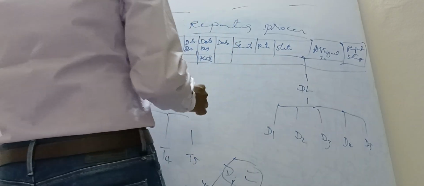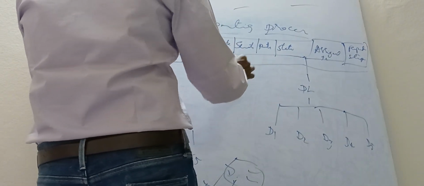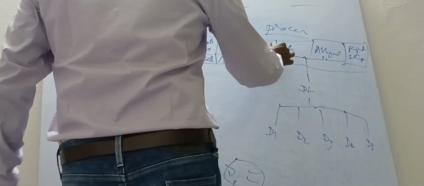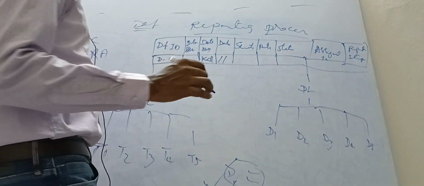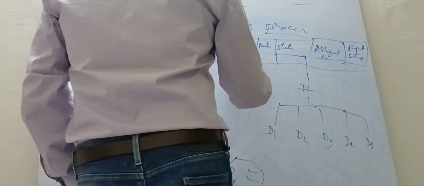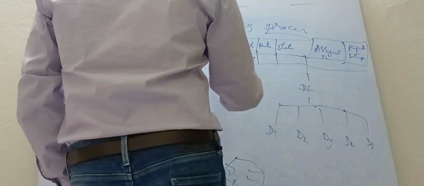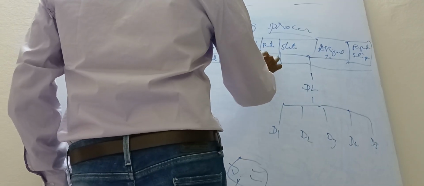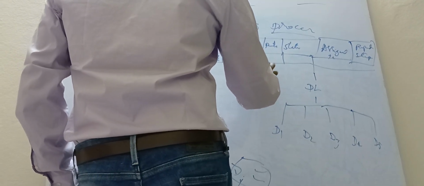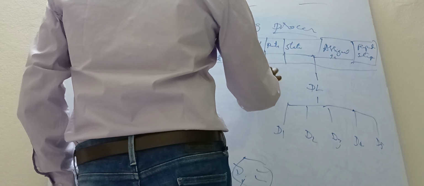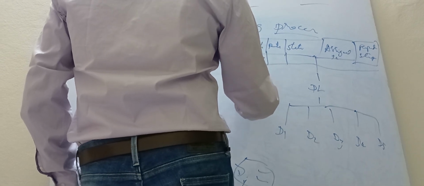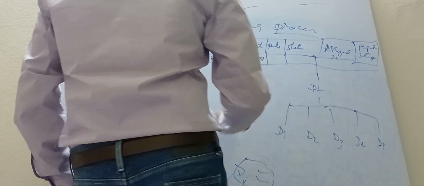Date: when the defect was raised, that particular date you have to enter. Severity and priority, these are very important. Different severities are there. It is a list box. If you click on that, you will see fatal, major, minor, suggestion.